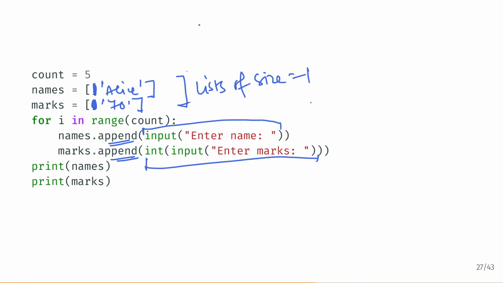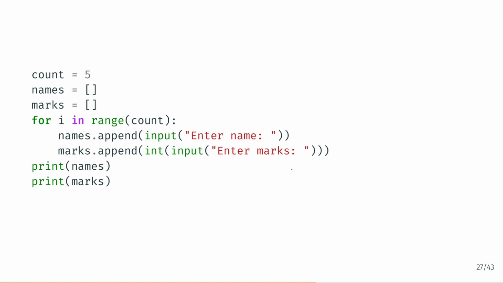At the end of the second iteration, you entered a name and marks again, so the lists would be of size 2. In this case, Alice and Bob, and the marks 70 and 80, let's say. So this is another approach of doing it.